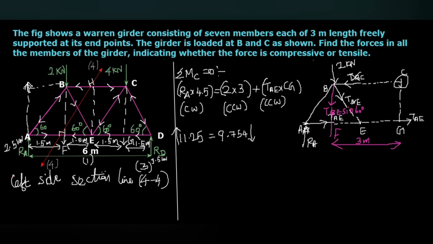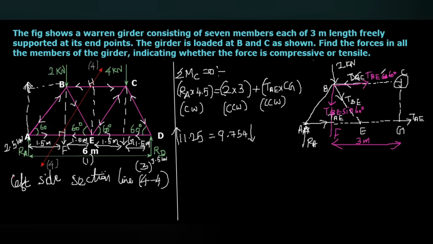The TBE cos 60 will act in this direction. Here you can see the TBE cos 60 passes through the point C. So the line of action of this force passes through C.